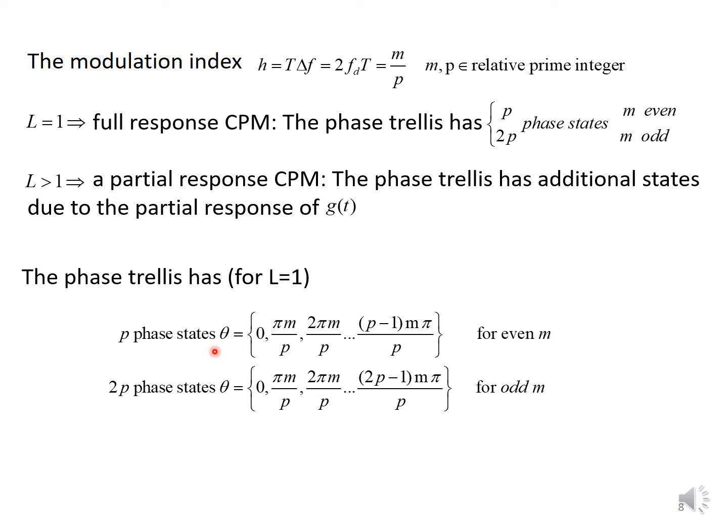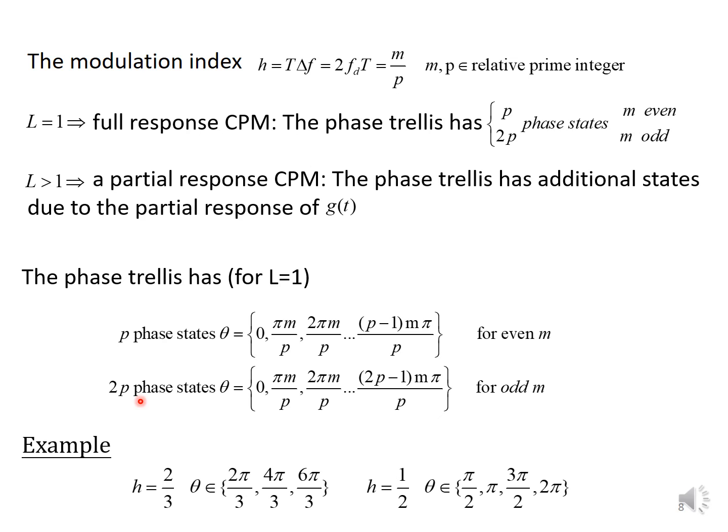The number of phase states in the trellis is either P phase states or 2P phase states, depending on whether m is even or odd. The number of different phases represents the phase states. There are P phase states or 2P phase states.